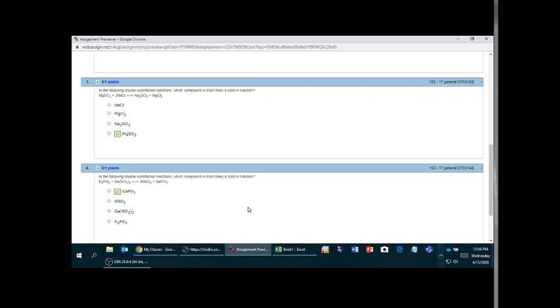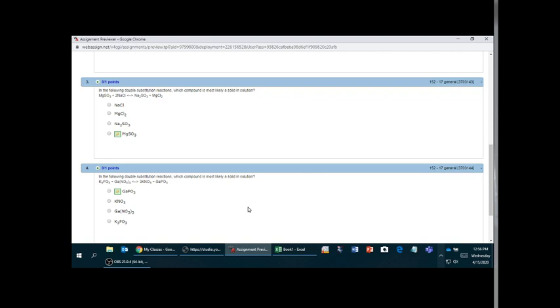So in terms of this one, which compound is most likely a solid in solution? Well, this is just where you're going to go back to your solubility rules, and the whole point of having questions 3 and 4 here is just to make sure that you understand what doesn't make sense in terms of a conjugate base. So if you want to make a buffer, you don't want to add anything that doesn't dissolve in water.